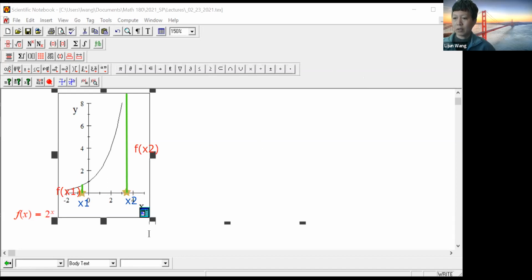Okay, so let's make the wording. This is the increasing function, right?